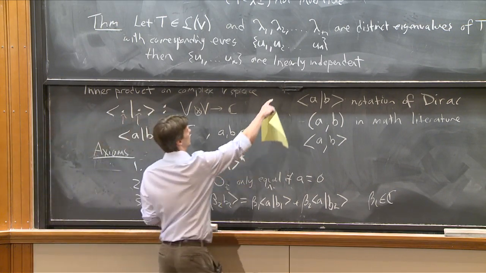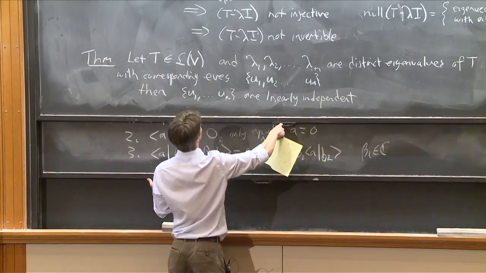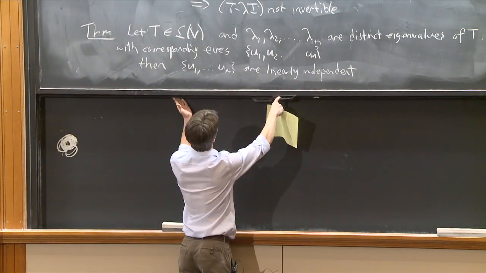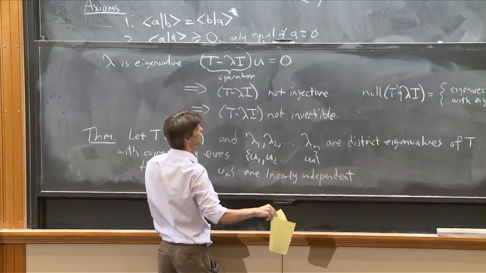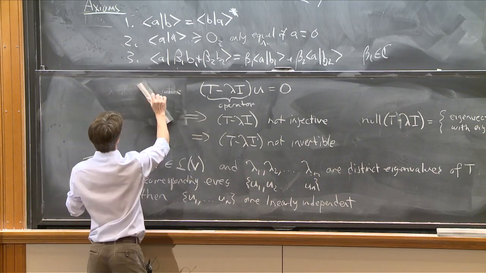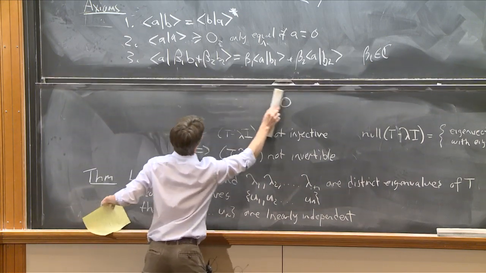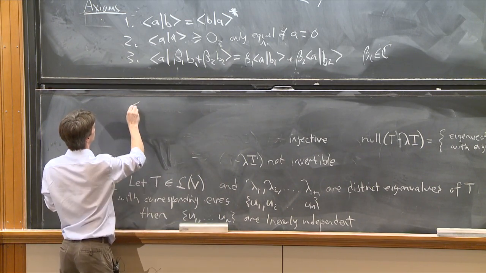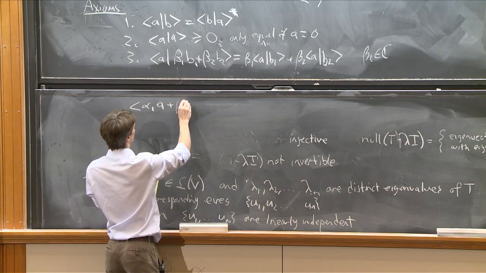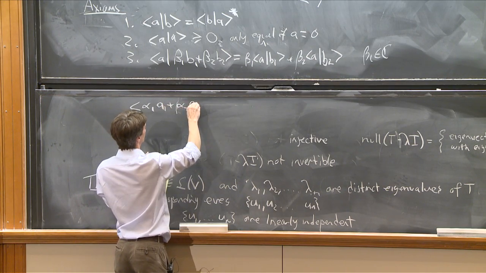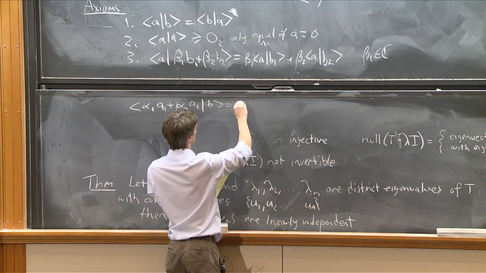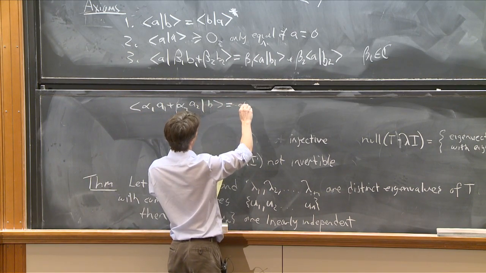I guess what we would demand is exactly the same thing the other way around. So we would demand another thing that would be alpha 1 A1 plus alpha 2 A2, B is equal to alpha, well something like this.